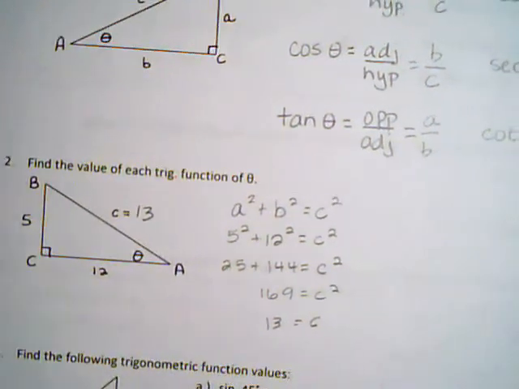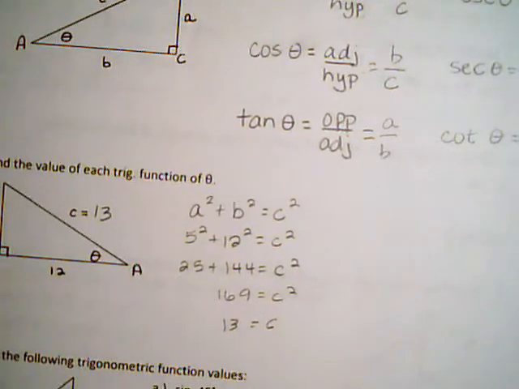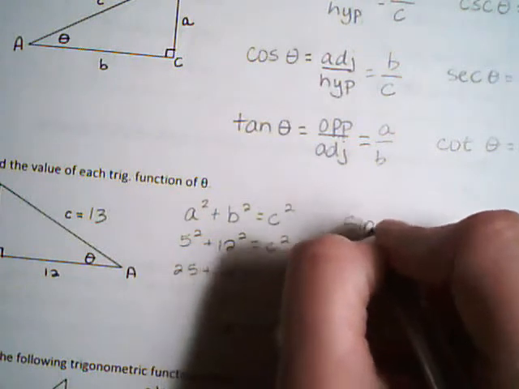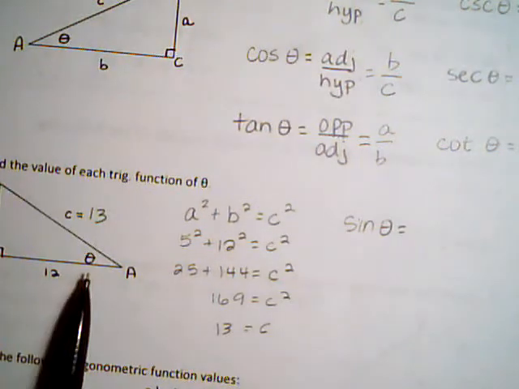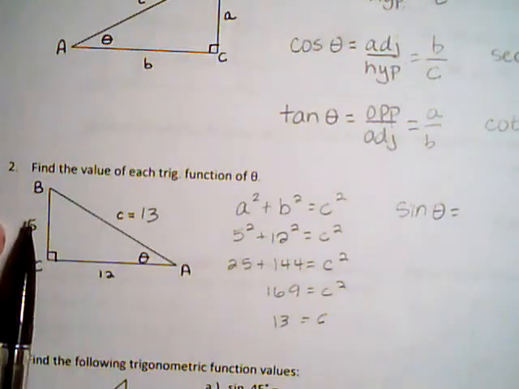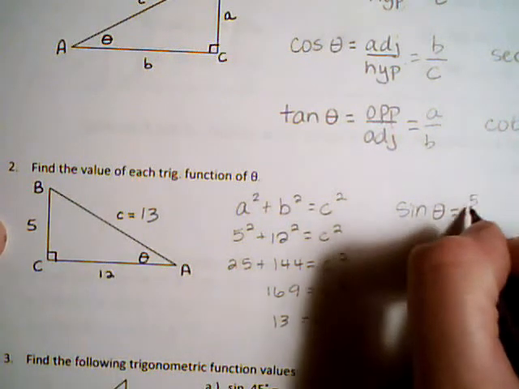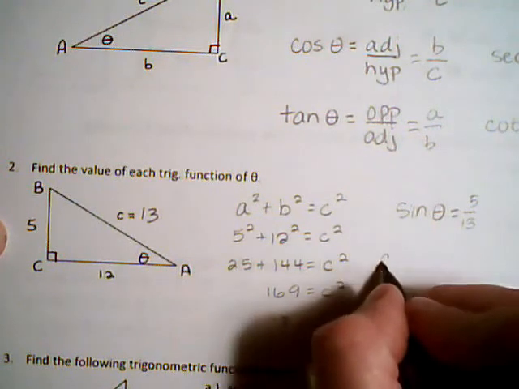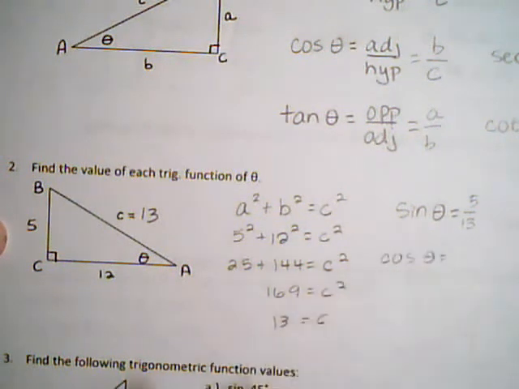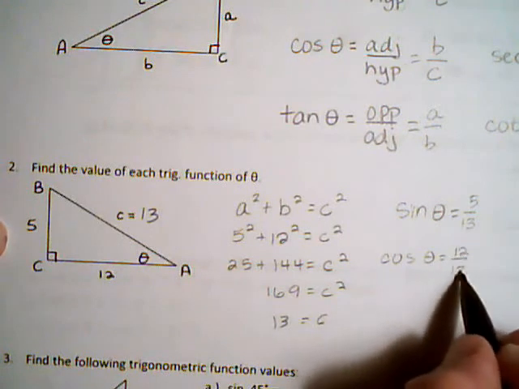So if I wanted to find the sine of theta, it would be the opposite side over the hypotenuse, so that would be 5/13. The cosine of theta would be adjacent over hypotenuse, so 12 over 13.